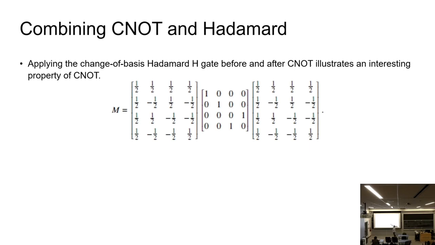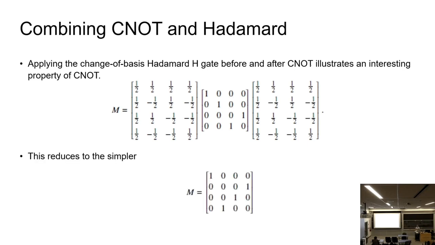I'm going to call it M, which is just sequentially doing a Hadamard gate, a CNOT gate, and then a Hadamard gate. So I can reduce that operation to a much simpler 4x4 matrix.